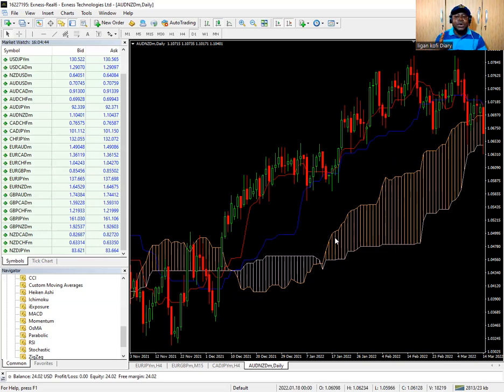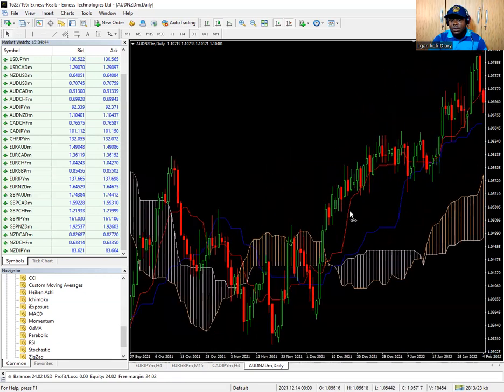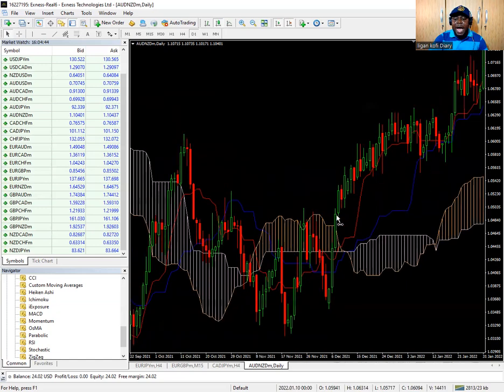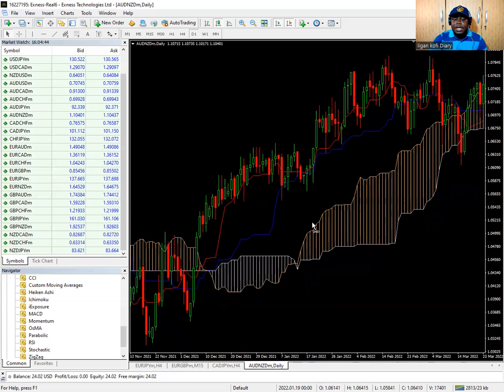So the first thing you are looking out for with this Ichimoku indicator is 1, for price to be above the clouds. And then 2, for price to be above the baseline, or for the moving average to cross the baseline. Whenever the moving average crosses the baseline on the uptrend, it means it's a buy.